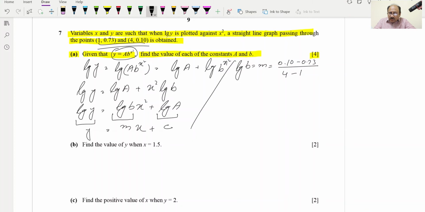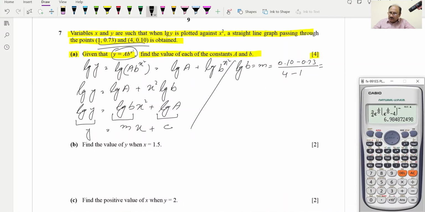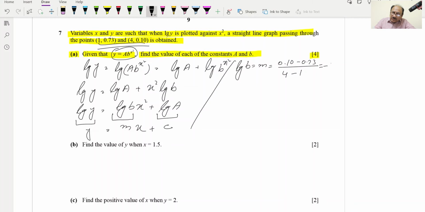We can solve this fraction: 0.10 minus 0.73 over 4 minus 1, which is 3, so this is equal to minus 0.21. Minus 0.21 will be the gradient.